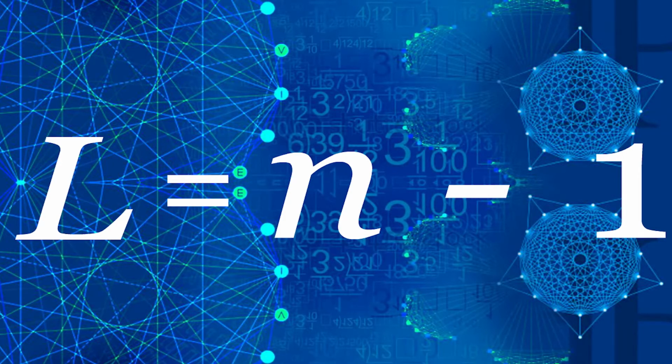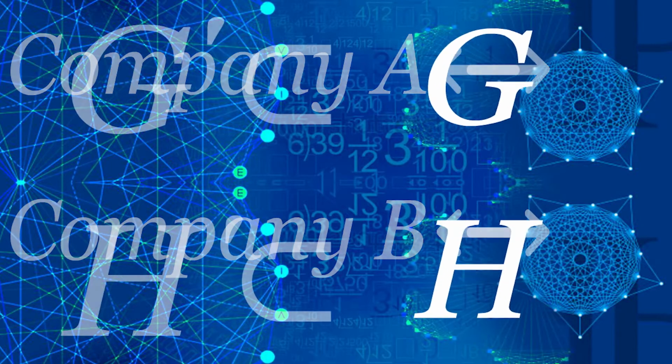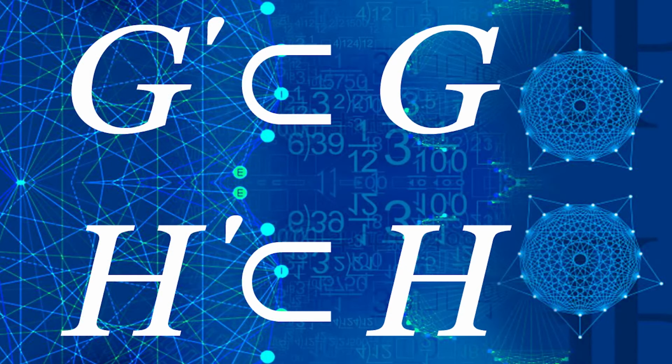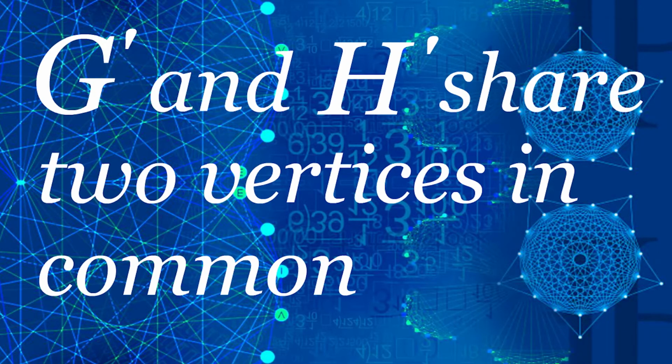Now, if we associate the cables of companies A and B, respectively, to the graphs G and H, then companies A and B share a common transportation if and only if the graphs G and H have connected components G' and H', respectively, which have two vertices in common.